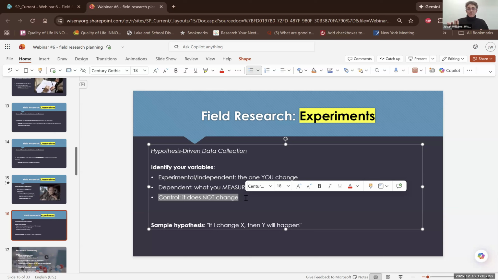Maybe I was just a bad sleeper to begin with, and it wasn't the heat that was affecting my sleep. So having controls that you can compare with are very, very important, and the controls do not change, right? So they're able for us to make that comparison because they don't change.